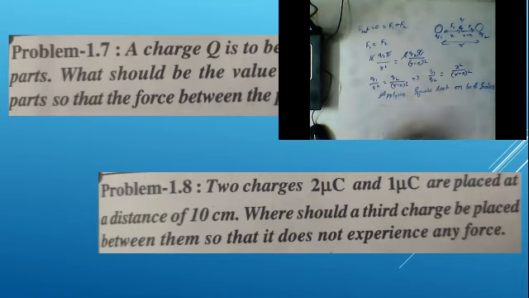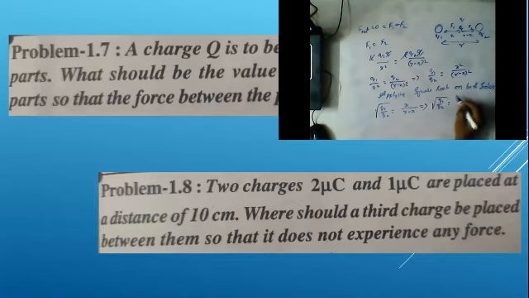When I apply square root, what will we get? Square root of q1 by q2 is equal to x by (r minus x), or I can rearrange this as square root of q1 by q2 is equal to 1 by (r by x minus 1).